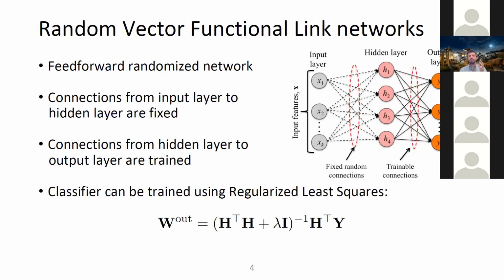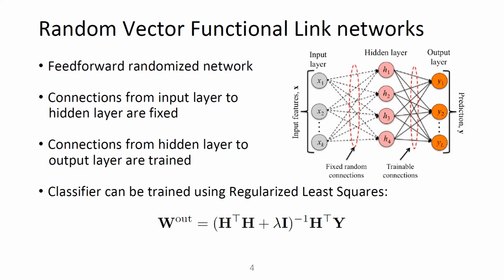And the connections from the hidden layer to the output layer are instead trainable. We will use it in a classification problem, and so for this particular problem, we have a classifier that is W_out, which can be obtained by regularized least squares.